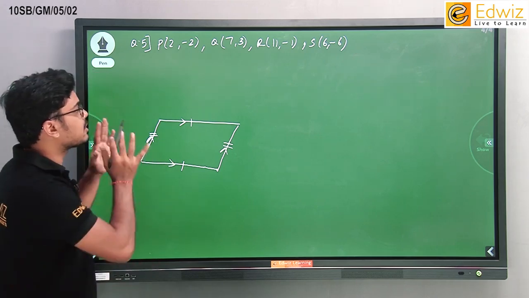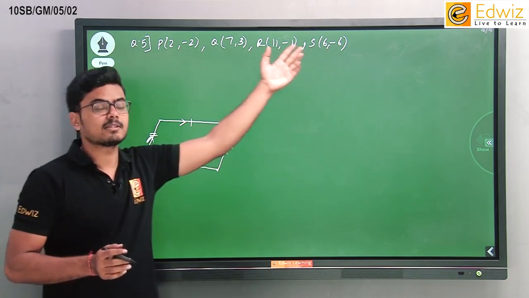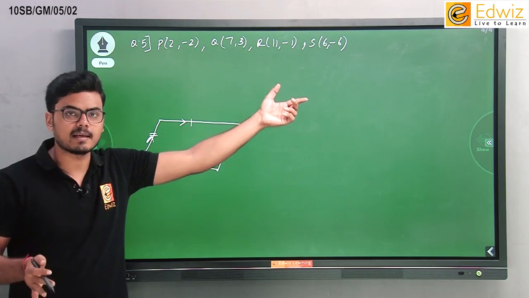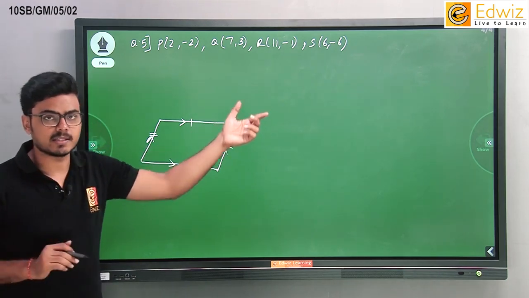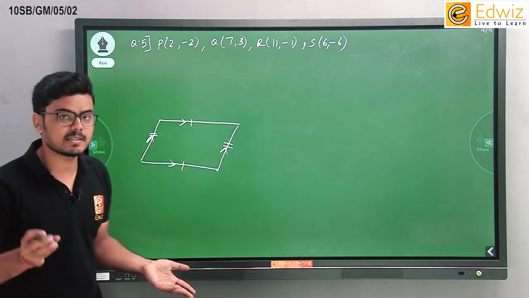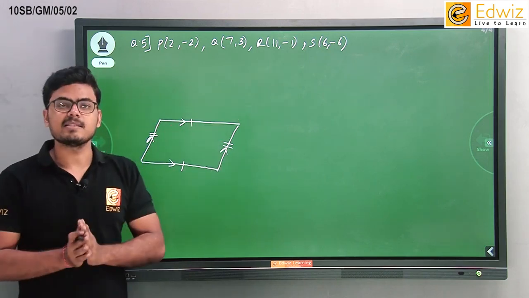So all we have to do in this question is prove that if we find the distances, the opposite sides will be equal to each other. If I have proved even that much, then we can say it is a parallelogram. That much is enough for me to prove that P, Q, R and S make a parallelogram.